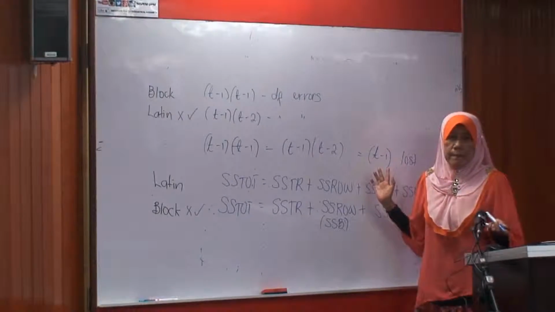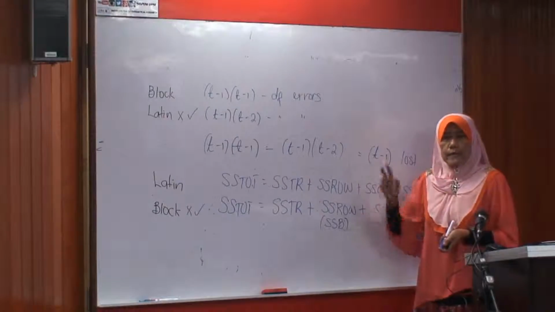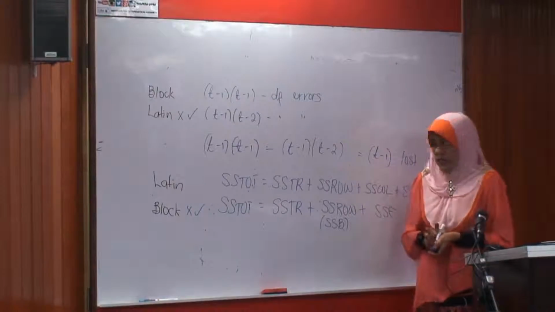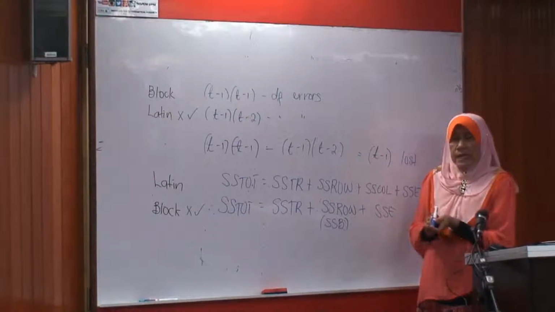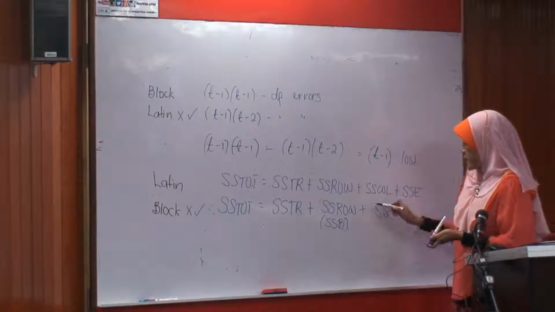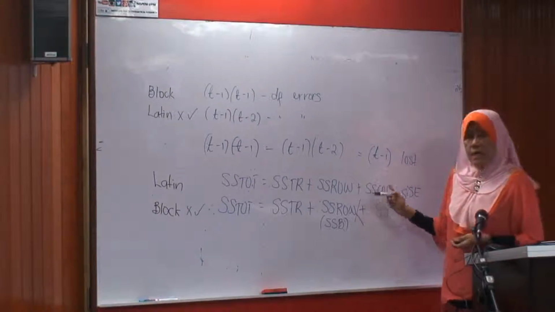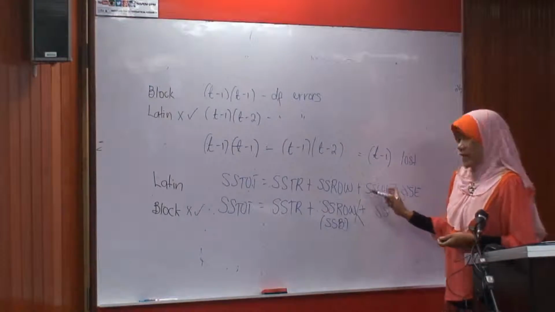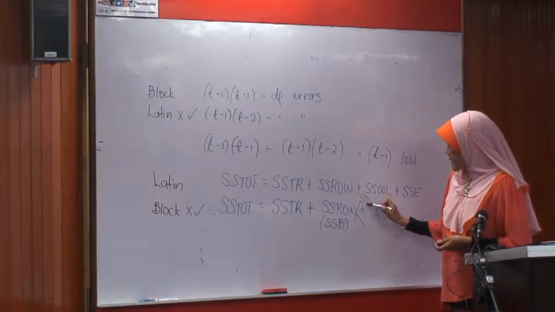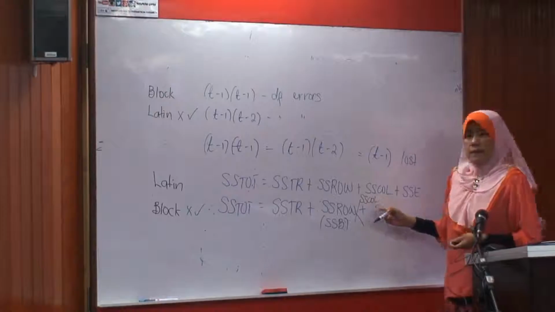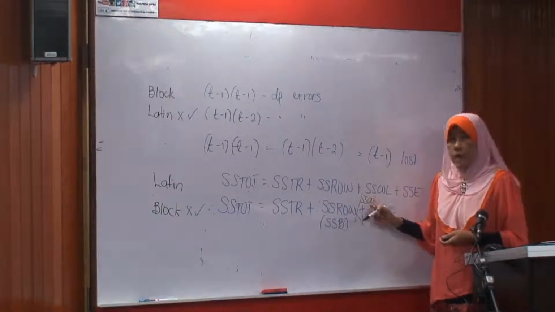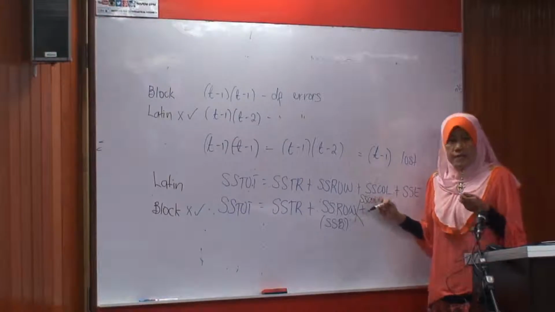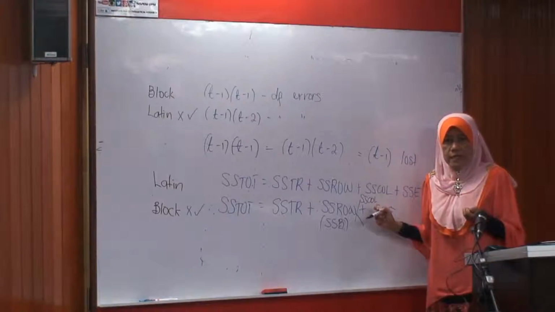When there is another effect that will affect the experimental result and it is not measured, this variation due to the column, SS column, is still there in the data.